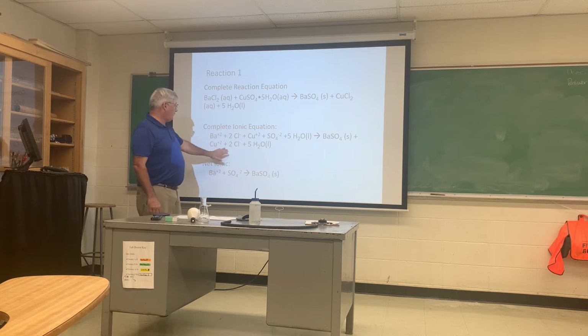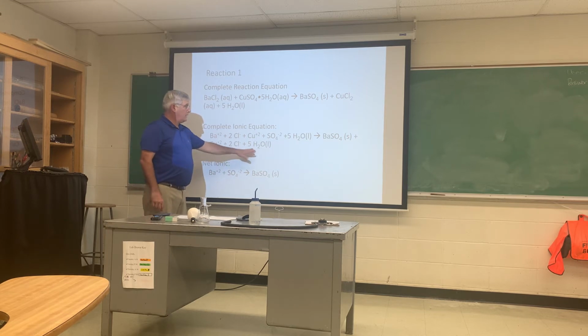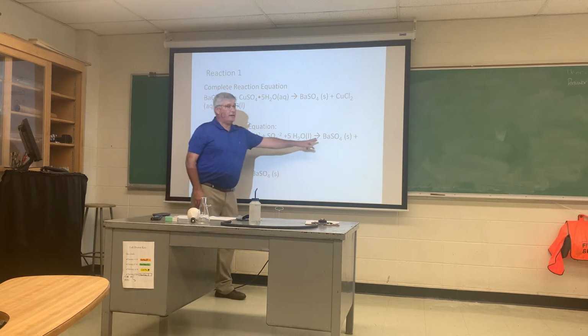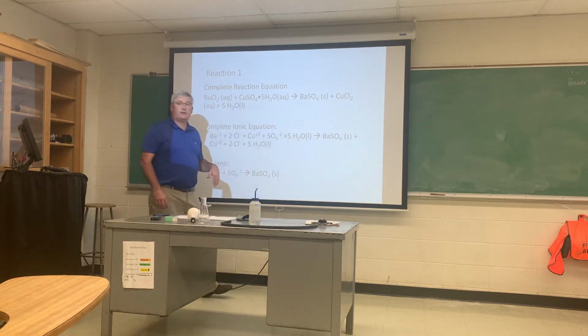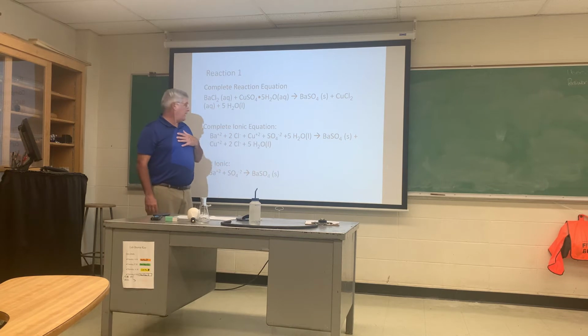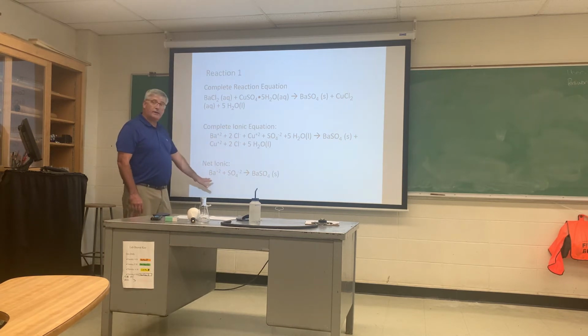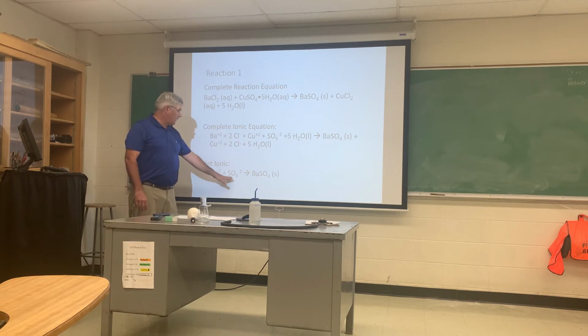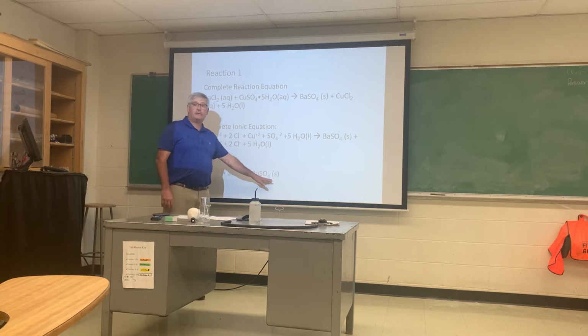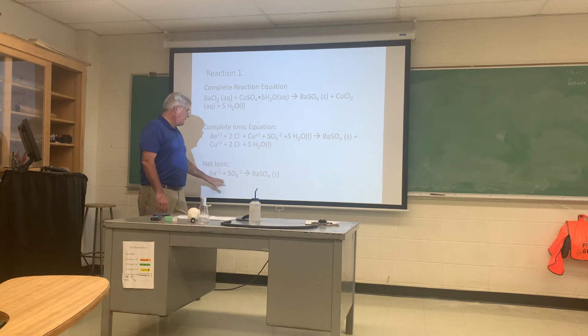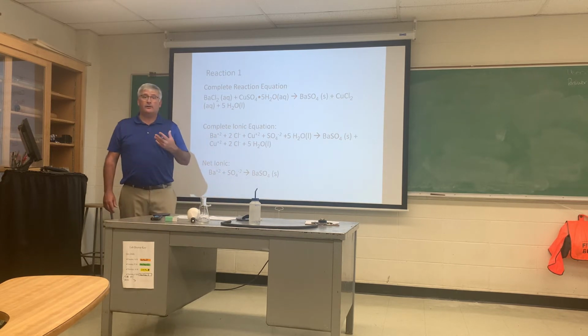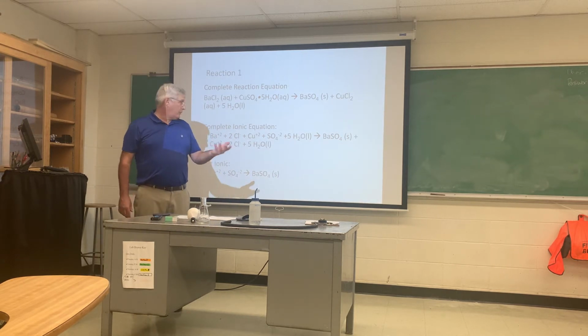And then our copper, our chloride, and our water remain unchanged from either side of the arrow. So if things are unchanged, to get to a net reaction, what we would do is cancel all of those, and we would only look at the piece of the reaction: barium plus sulfate yields barium sulfate. So this is a net ionic expression, and they're actually very useful in a laboratory.